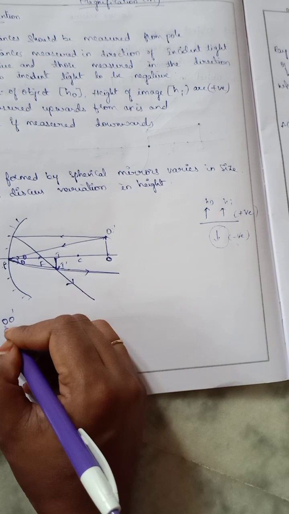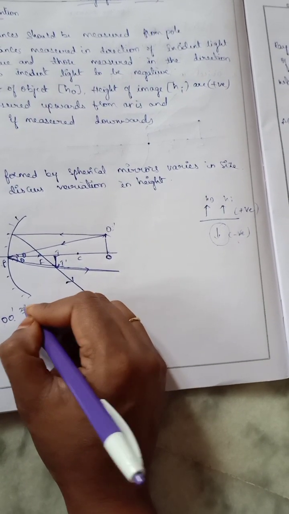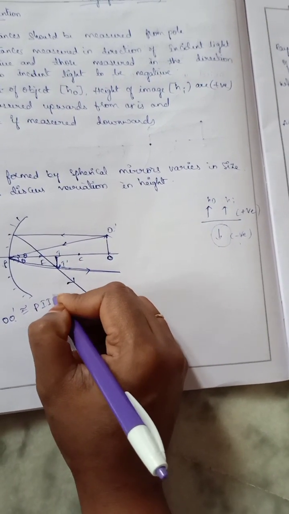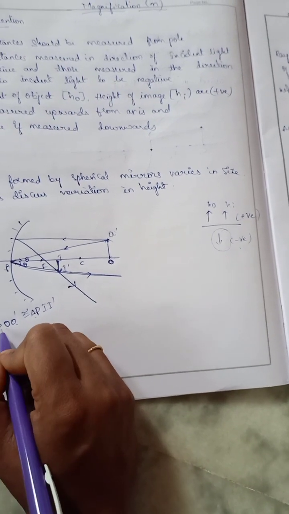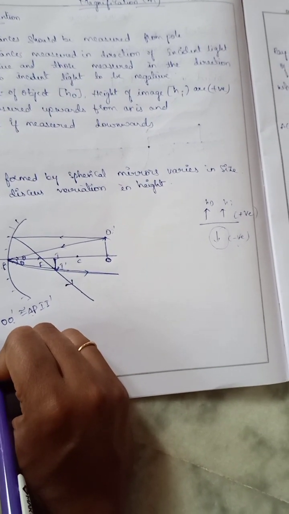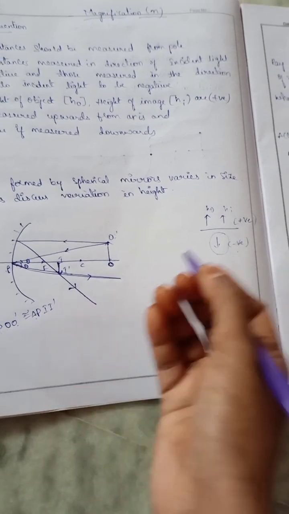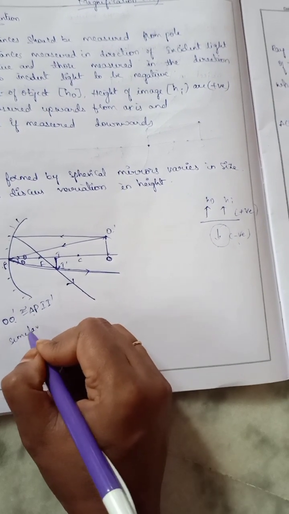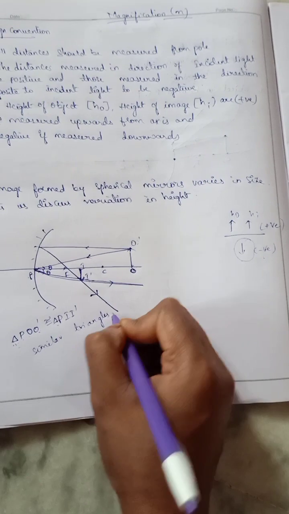So triangle P O O dash will be similar to triangle P I I dash. Is it not similar? These are both similar triangles.